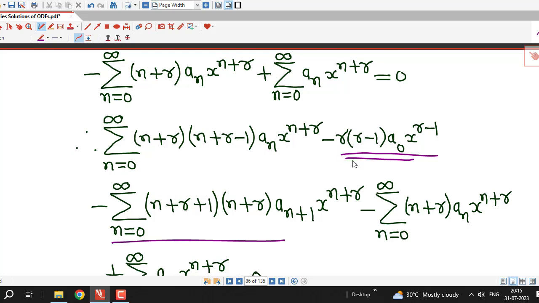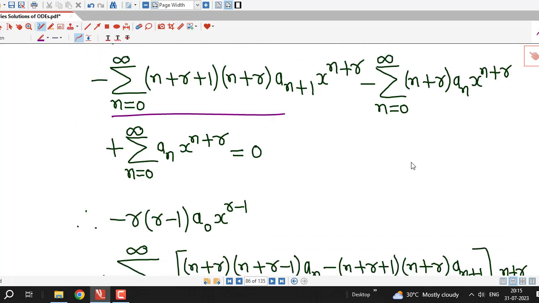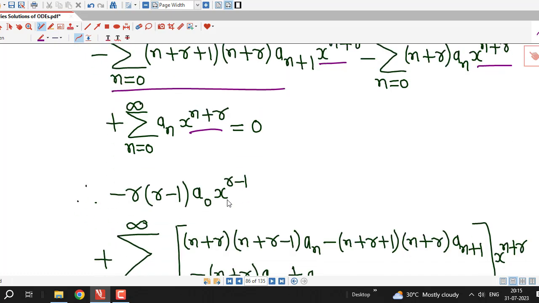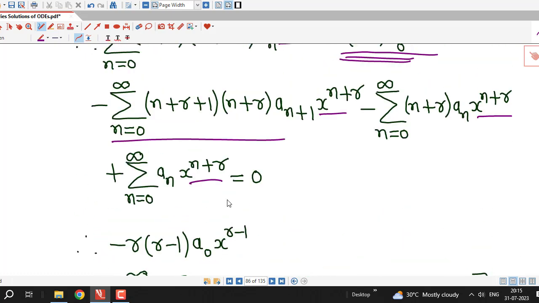Now after this, we write down this term first, the coefficient of x raised to r minus 1, and the rest of the summations can be combined now because the index of summation is the same, n equal to 0 to infinity. We can take x raised to n plus r common also, and I have written all these things here.